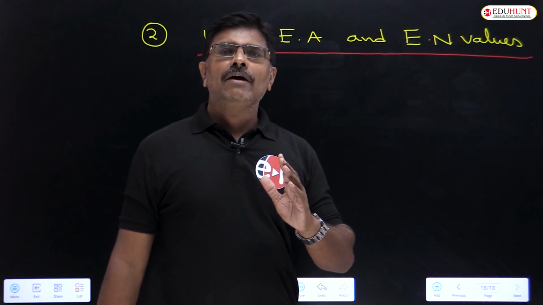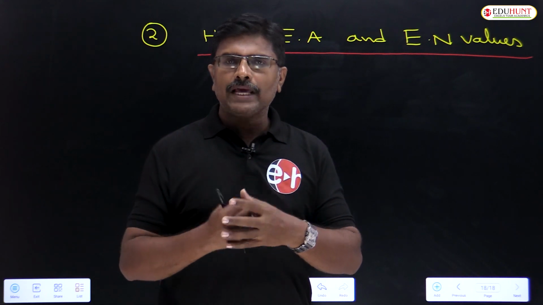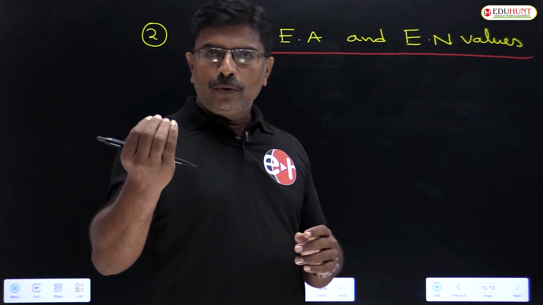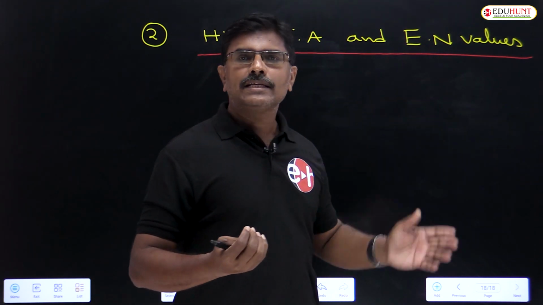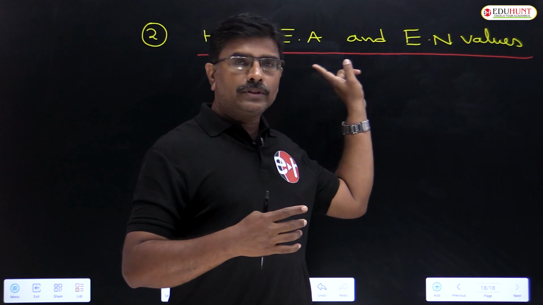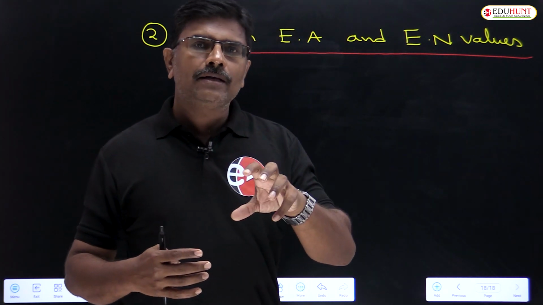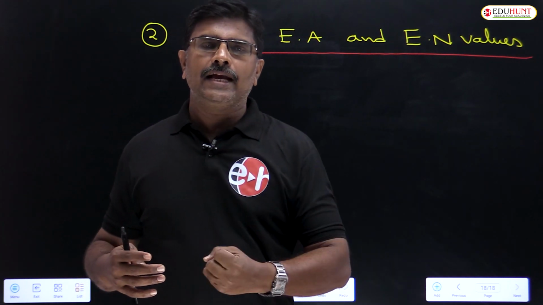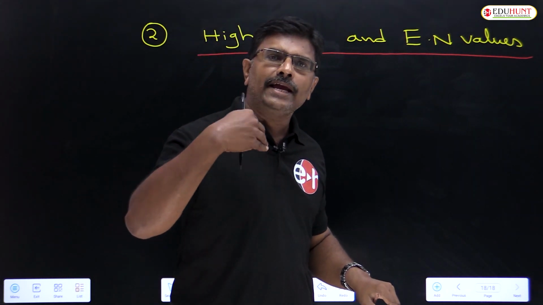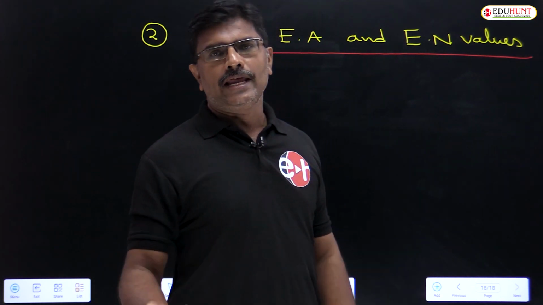If an atom is having more electron affinity, you can say it can take up the electron more easily. If an atom is having a tendency to attract the shared pair, then we call it electronegativity. So in these two properties, the one thing common is the atom's tendency to attract the electron. So if these two values are more, you can straight away say that atom can easily convert itself into an anion.